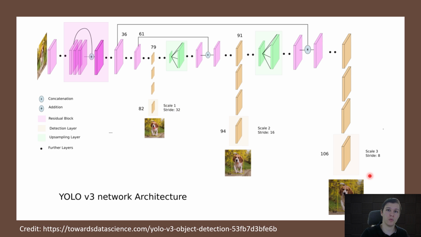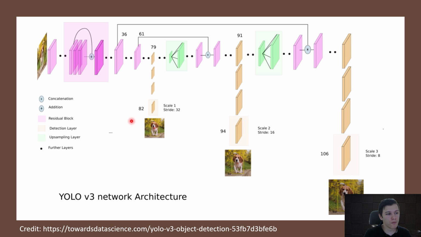The original YOLO outputted a single 7 by 7 grid, and what they found was that it was great for large bounding boxes, but it wasn't so great for small bounding boxes. So the idea here is, let's just try different scales, different cell sizes, and the model itself can learn what's useful.